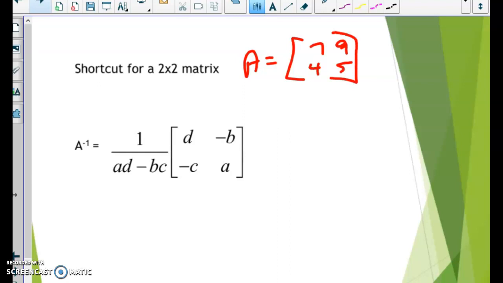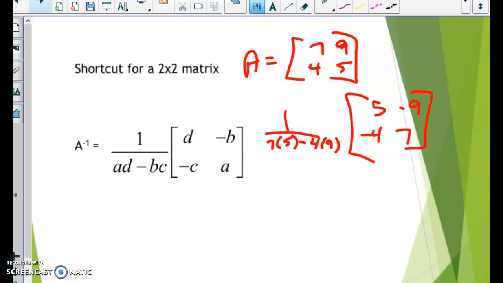And if I do 1 over 7 times 5 minus 4 times 9, and then I'm going to take D, negative 9, negative 4, and 7. Switching the position, so this is A, B, C, D.